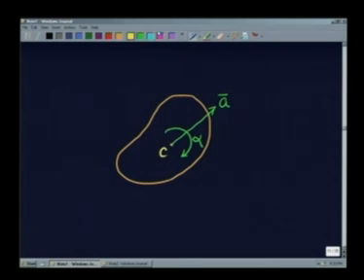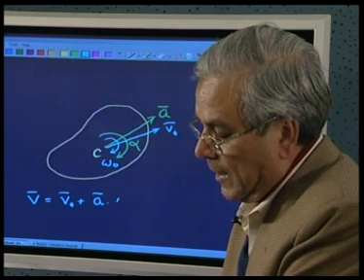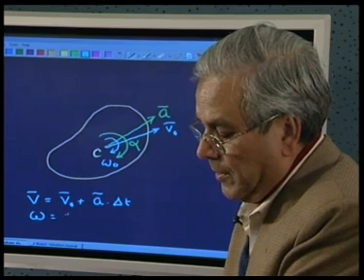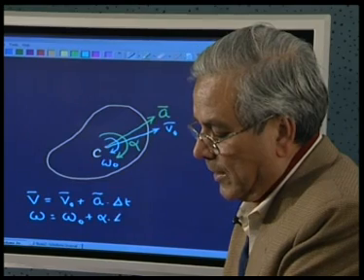So, for example, if we say that initially its velocity was v0 and its angular velocity was omega 0, then at any instant of time, after a time delta t, v will be v0 plus a delta t, and omega will be omega 0 plus alpha into delta t.